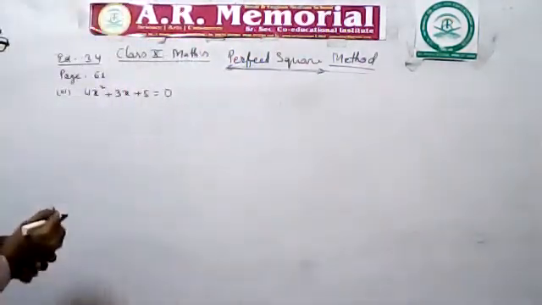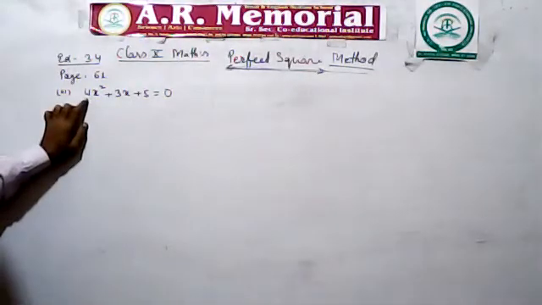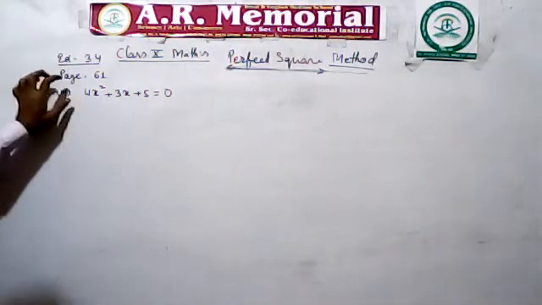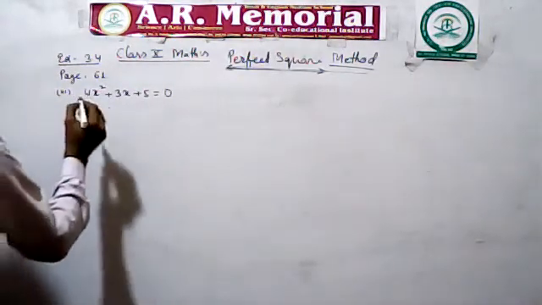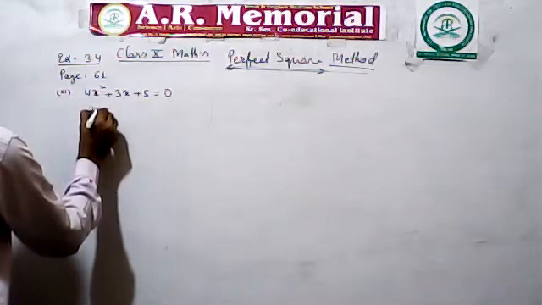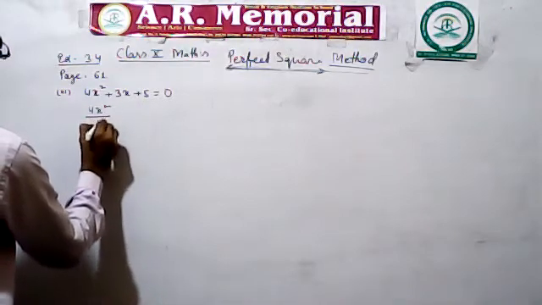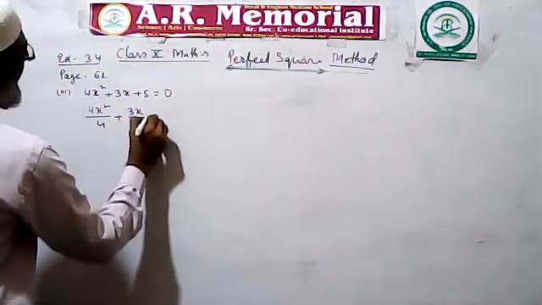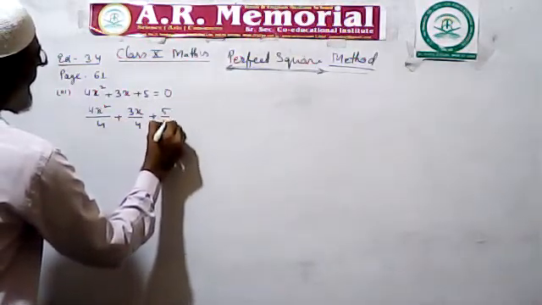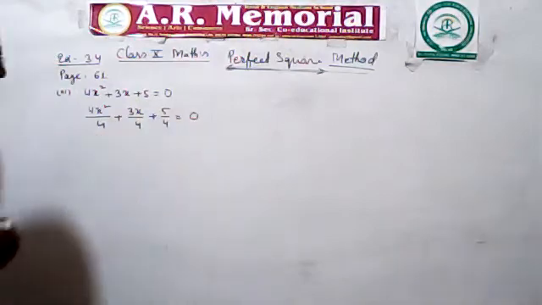Sir, what can we do? First of all, this 4, we do not want this 4. So the entire equation is divided by 4. Step number 1: 4x square upon 4 plus 3x upon 4 plus 5 upon 4 is equal to 0.